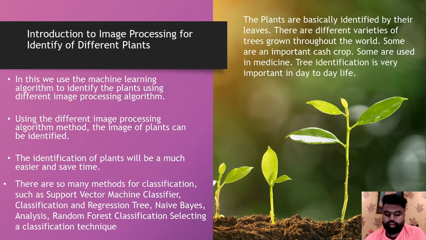Some of these algorithms can be used to classify plant species based on their leaves, color, or the textures of the plant. But it is difficult to determine which machine learning algorithm is most accurate and suitable for identification of that plant. It can vary depending on the specific data set and the features used for classifying that plant.